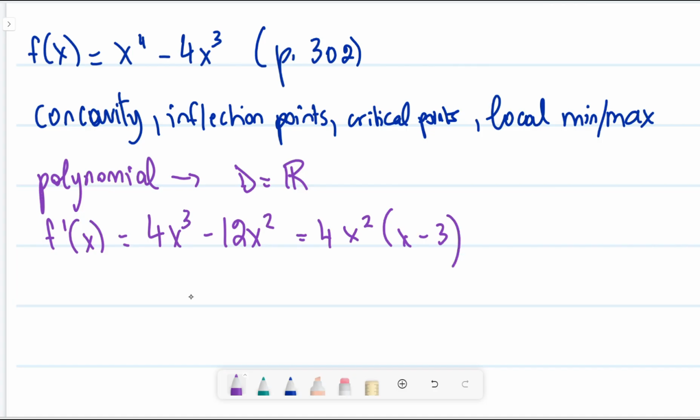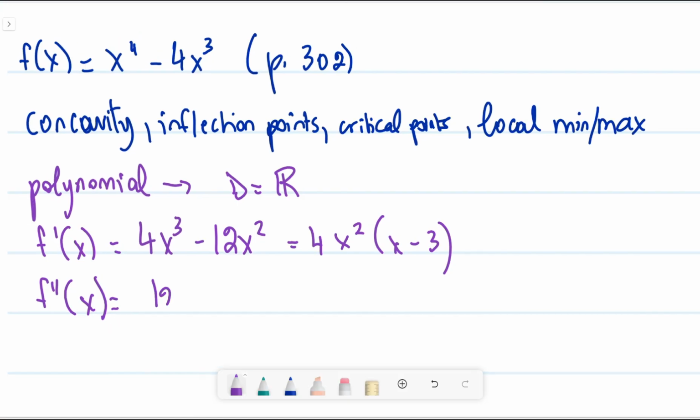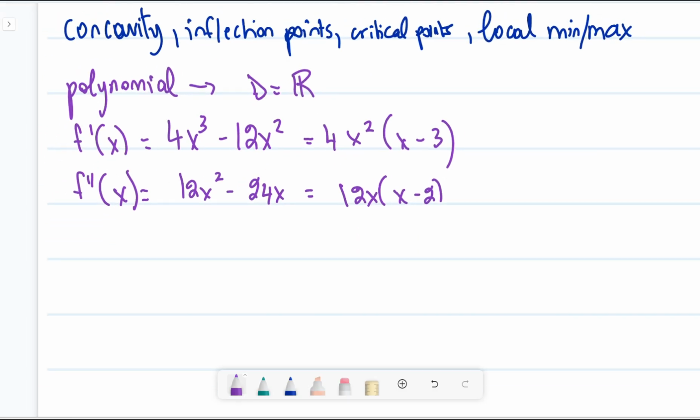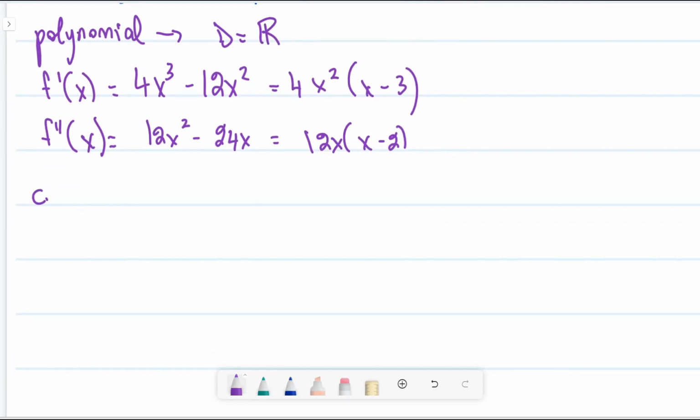Since we're finding derivatives, we might as well find the second derivative now. This would give us 12x squared minus 24x. Let's factor the 12x, and we are left with x minus 2. So let us start with the critical points.